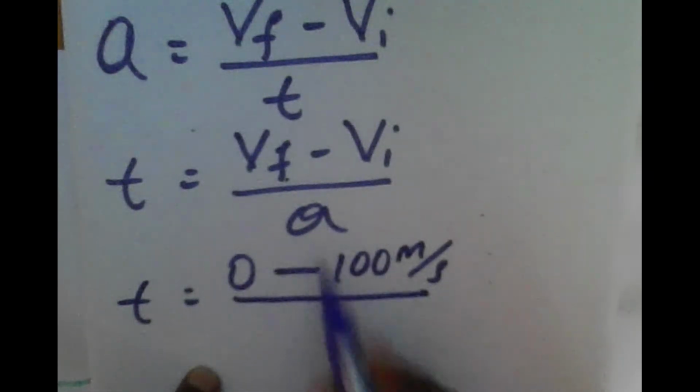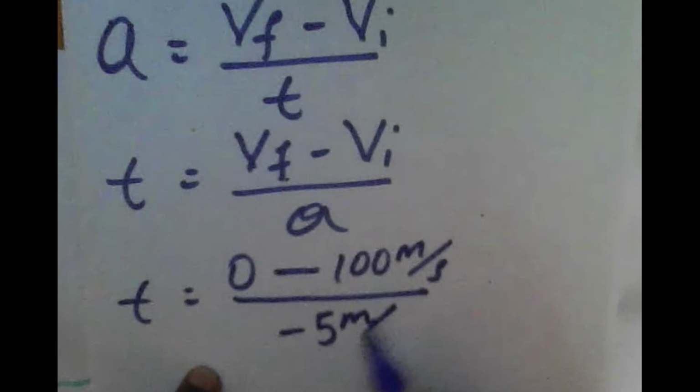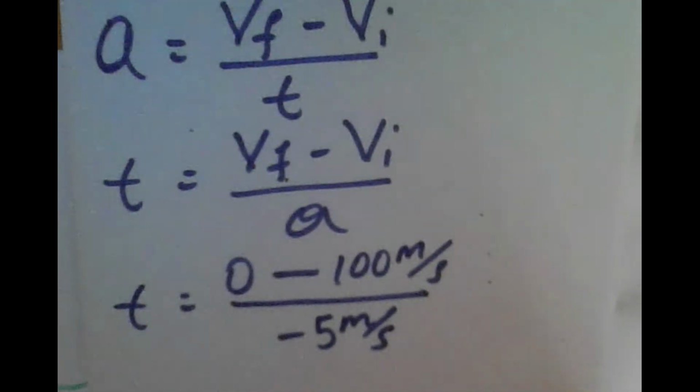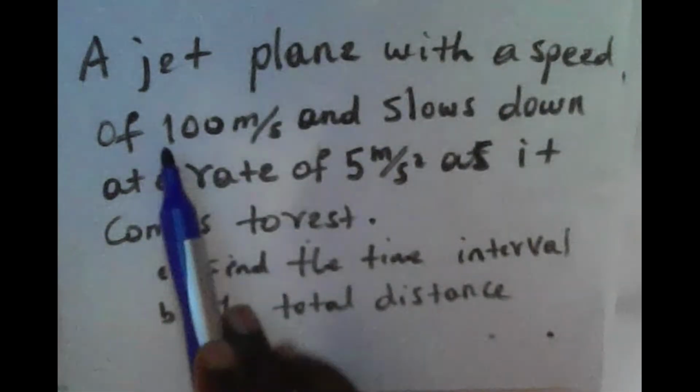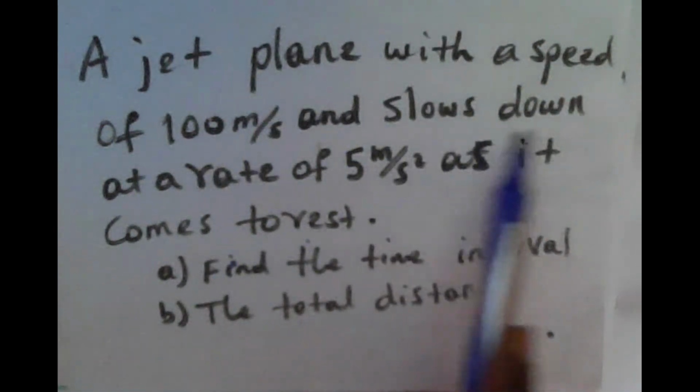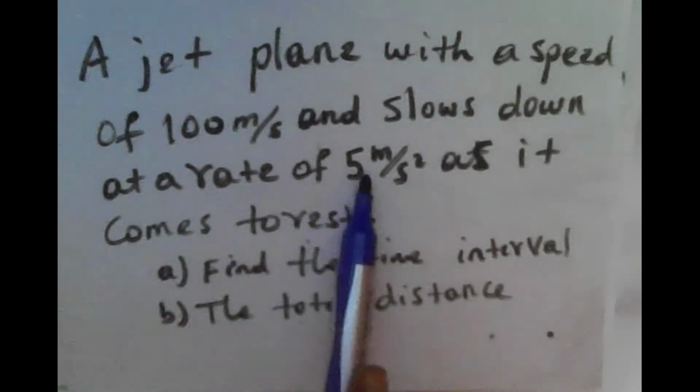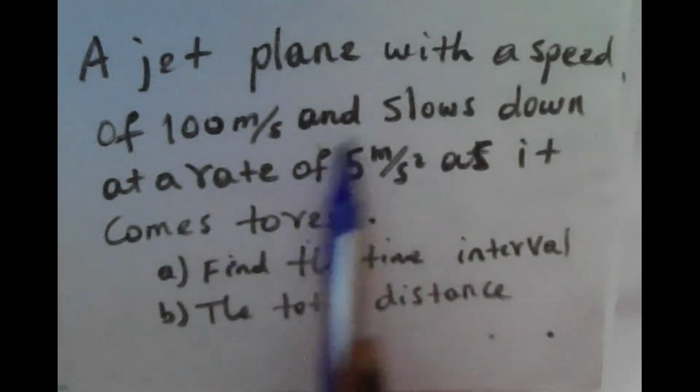divided by minus 5 meters per second squared, because as you can see in the question, it says that a jet plane with a speed of 100 meters per second slows down at a rate of 5 meters per second. This is the deceleration.